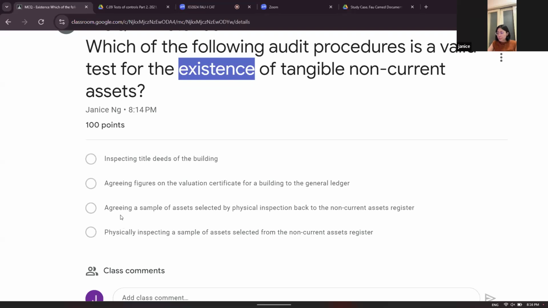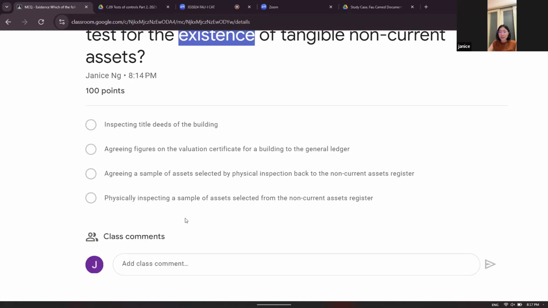The third one, agreeing a sample of assets selected by physical inspection. So we take physical asset and we trace it back to the register. So that helps us to verify completeness, right? Physical to the book.